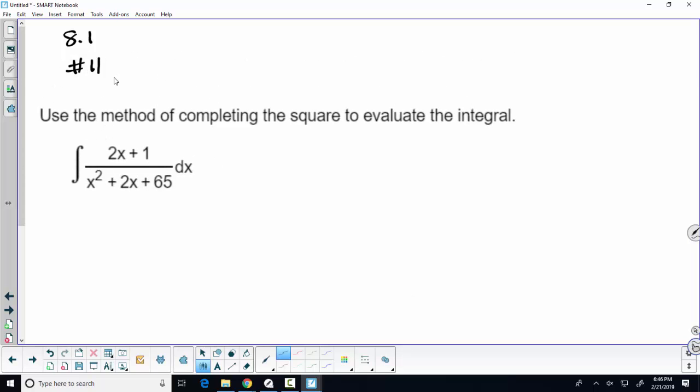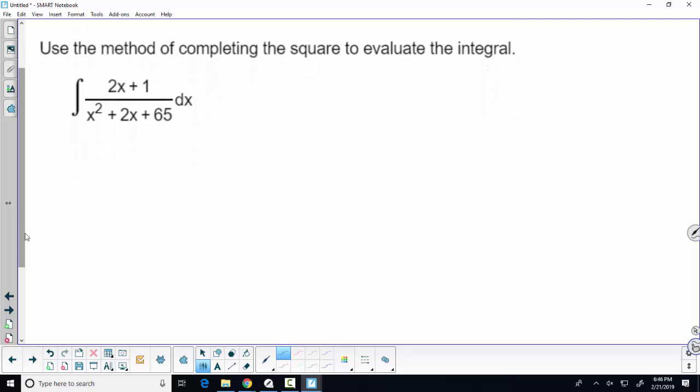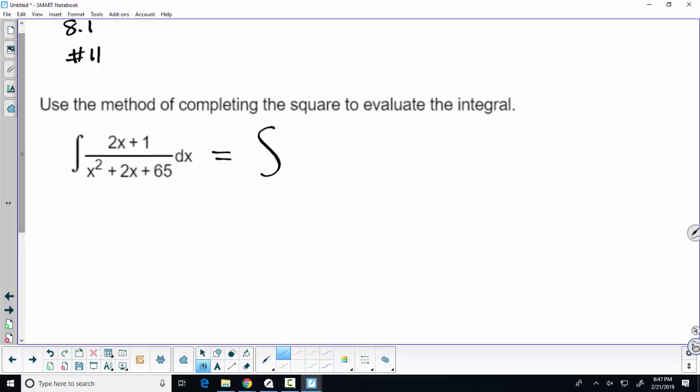It says you may use the method of completing the square to evaluate the integral. I mean, it's more than likely completing the square is just half the battle here. So when we complete the square, what do we get? Number 11. To complete the square on this, take half of 2, just 1.